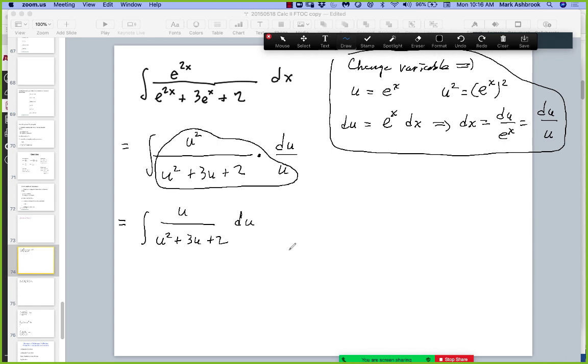What do we got now? You can factor the denominator to u plus 2 times u plus 1. Yep, we are a rational function with the degree of the numerator less than the degree of the denominator. The denominator factors to u plus 2, u plus 1.